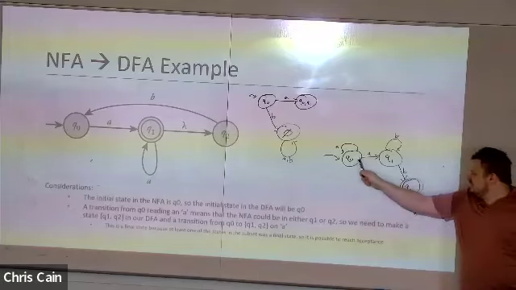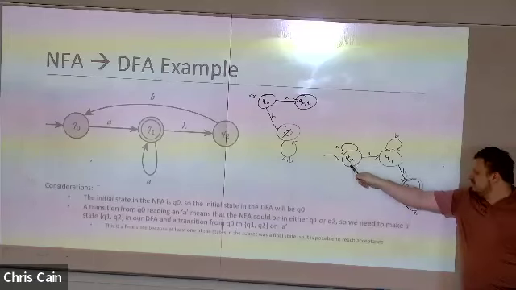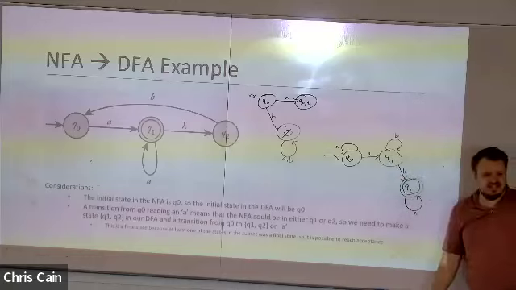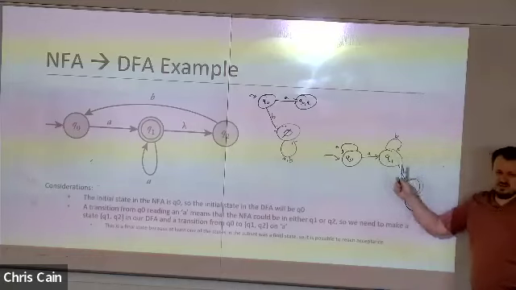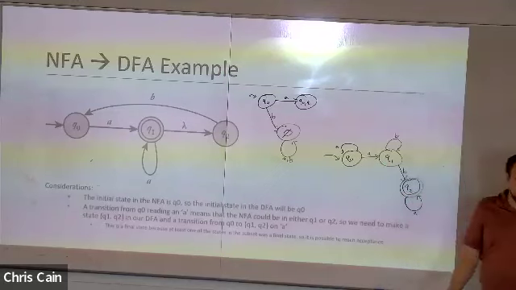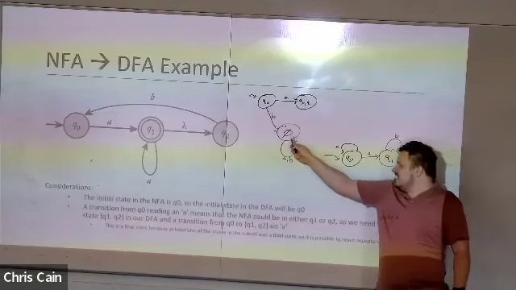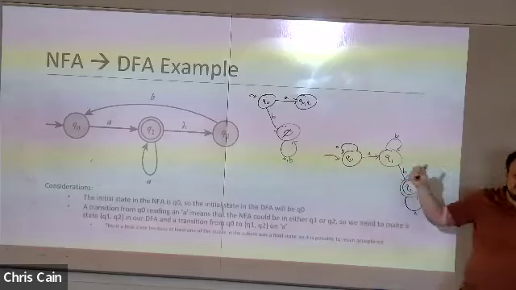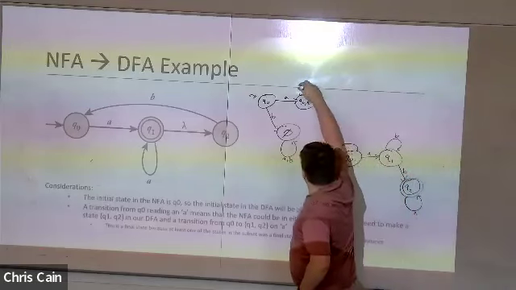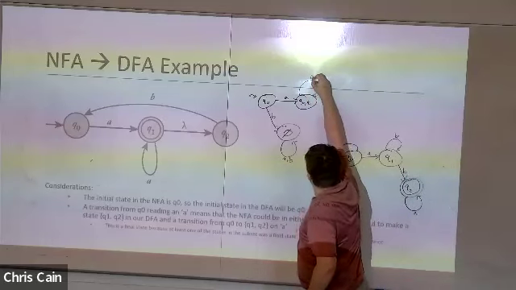If we're in Q0, we could be in Q0. If we're in Q0, we could be in Q1. If we're in Q1, we have to go to the trap state, or basically, there's no way to accept from Q1. So the possible sets of states are Q0 and Q1. You can think of this as empty. We only transition here if it is empty. So this tells us that we will loop Q0, Q1 to itself.